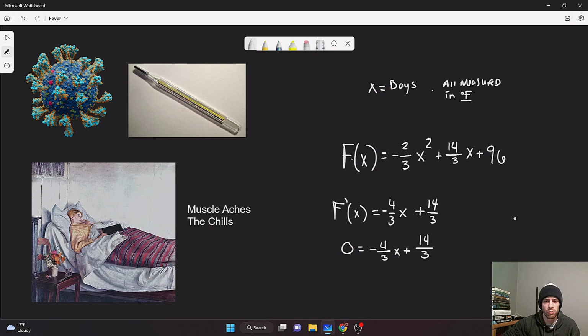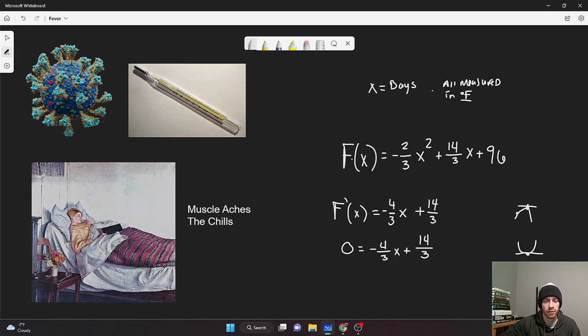And if you recall, when the slope is 0, that's going to be a local min or a local max. So when the slope, which is this derivative function, is equal to 0, we know that's a maximum or minimum.